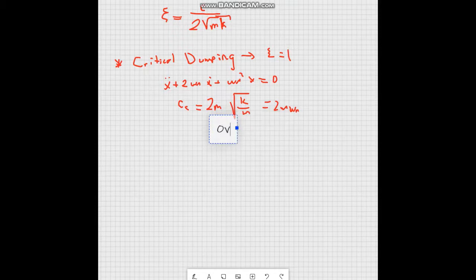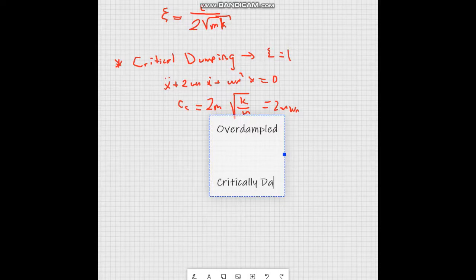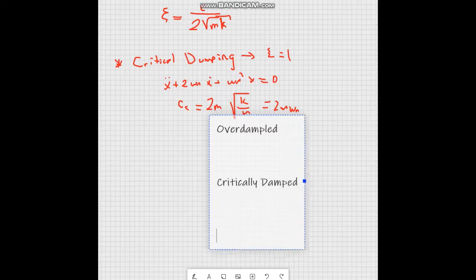Let's define overdamped, critically damped, and underdamped.